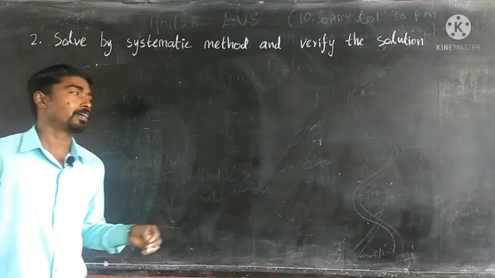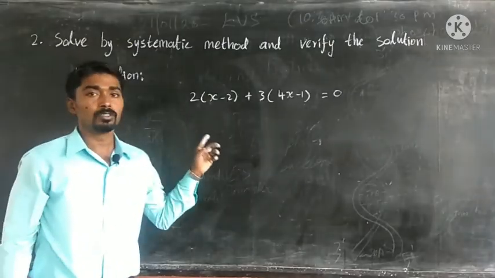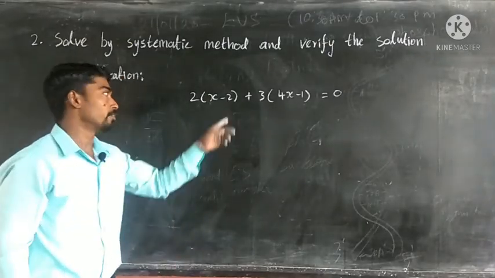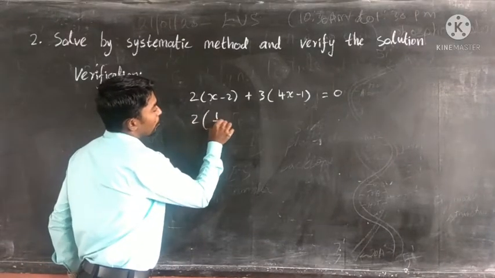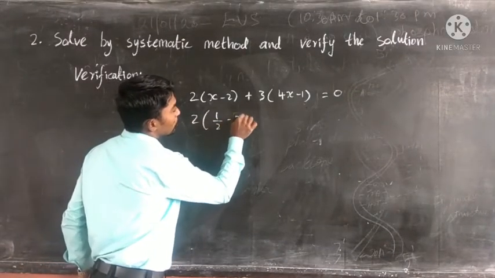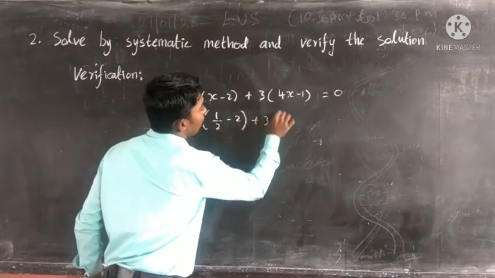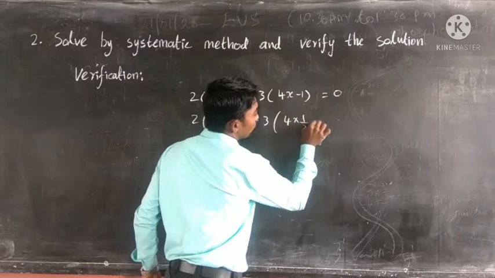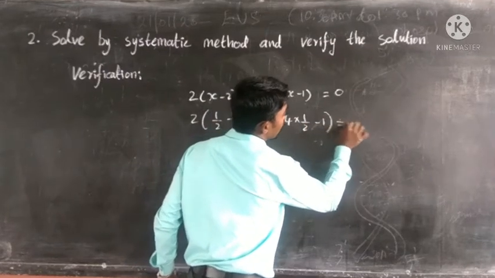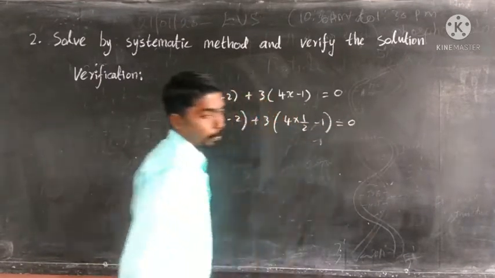Next we are going to verify using x is equal to 1 by 2 in the given equation. 2 of 1 by 2 minus 2 plus 3 of 4 into 1 by 2 minus 1 is equal to 0.